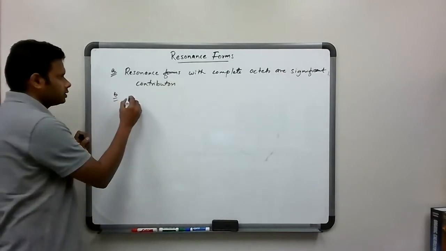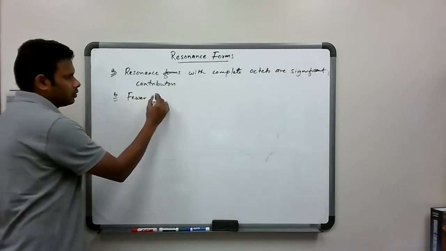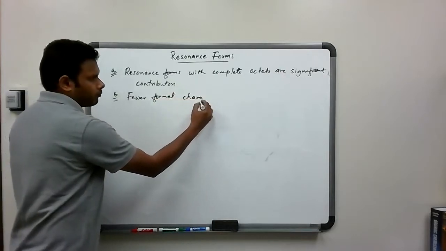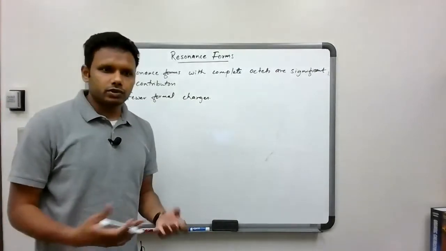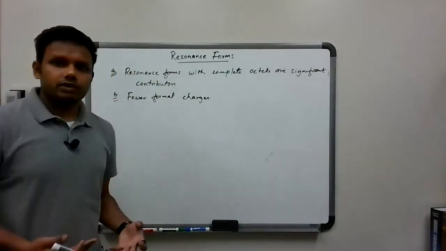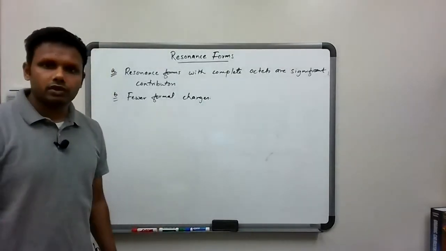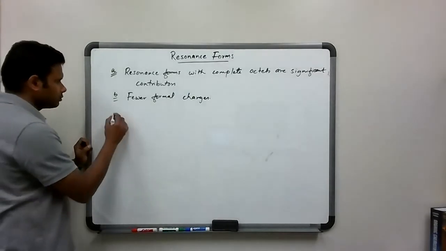Second thing is fewer formal charges. If we can draw resonance forms that have fewer formal charges compared to another resonance form which has more formal charges, then the one with fewer formal charges is a major contributor.